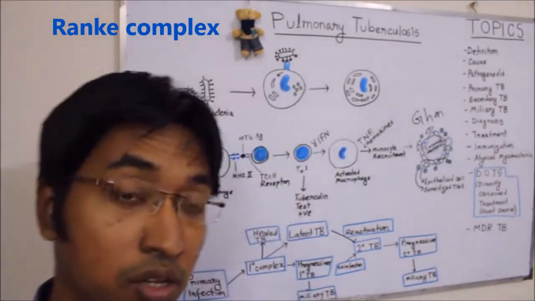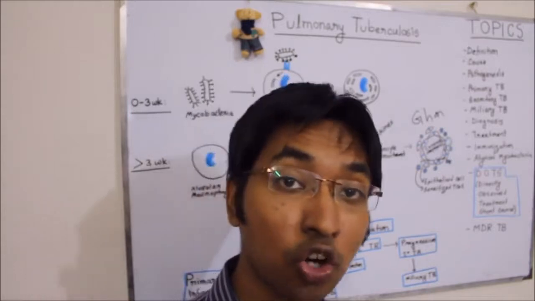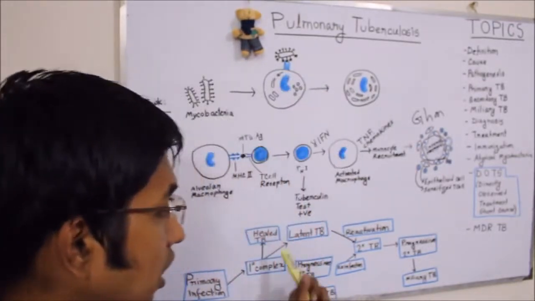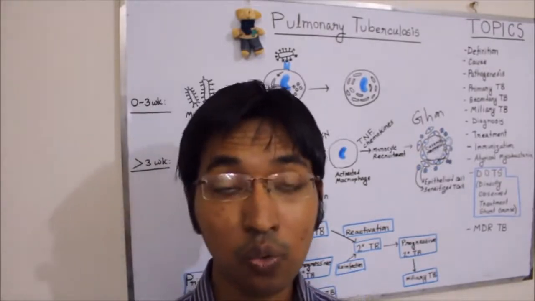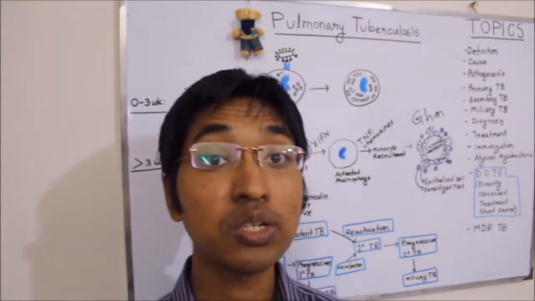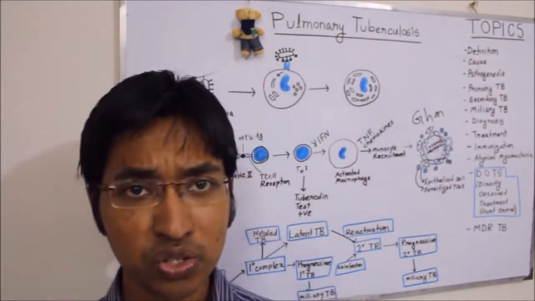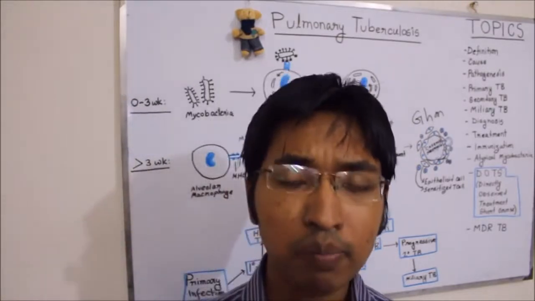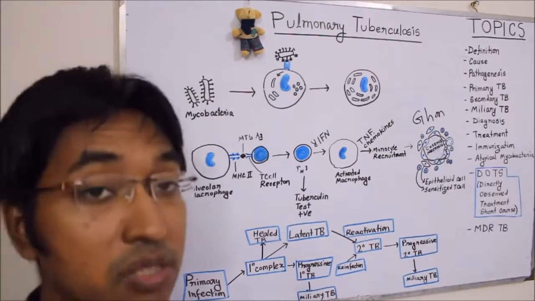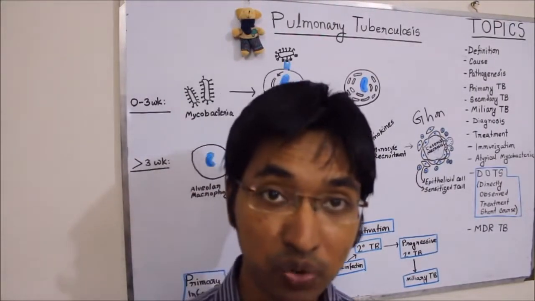Another fate is primary TB can become latent or dormant in the individual, and it may later become reactivated when his or her immunity becomes weakened, and that will give rise to secondary TB, and we will talk more about secondary TB after a while. Coming back to primary TB, the third fate is it can become progressive primary pulmonary TB.